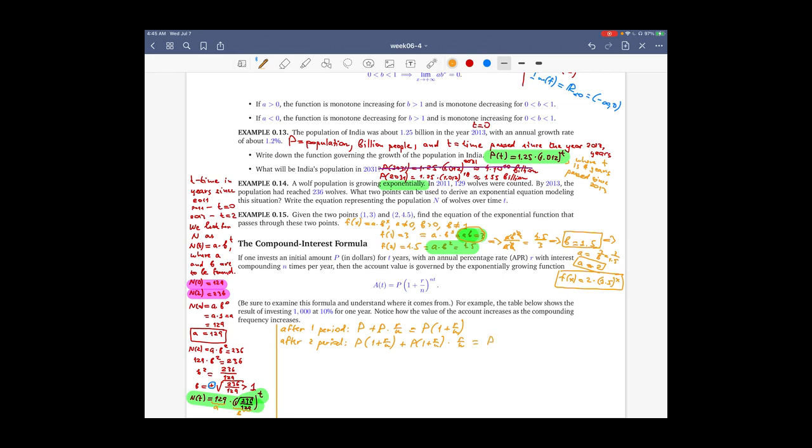And of course, this is P times 1 plus R over N squared. After N periods, meaning 1 year, because we divide 1 year into N parts, we're going to have P times 1 plus R over N to the power N.